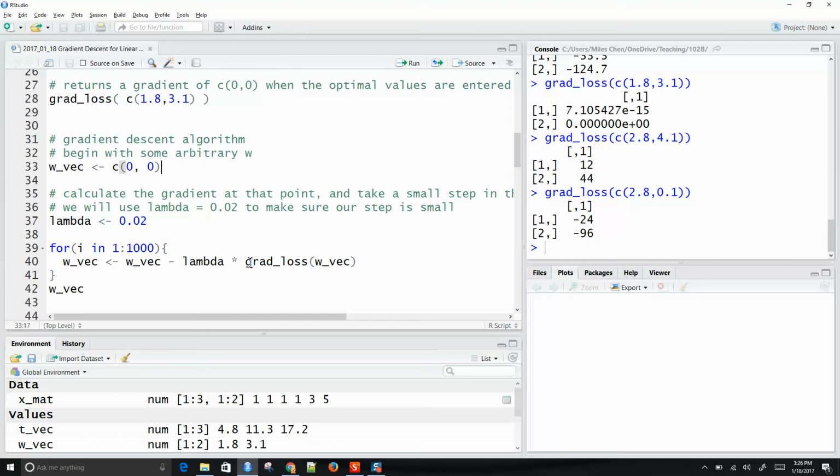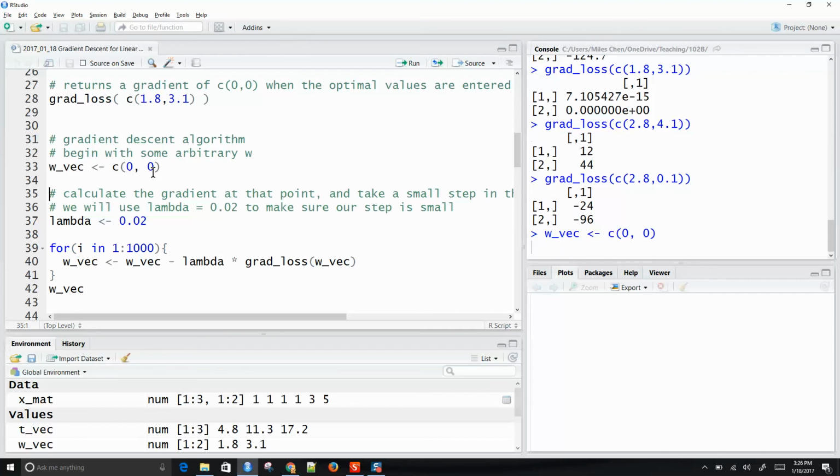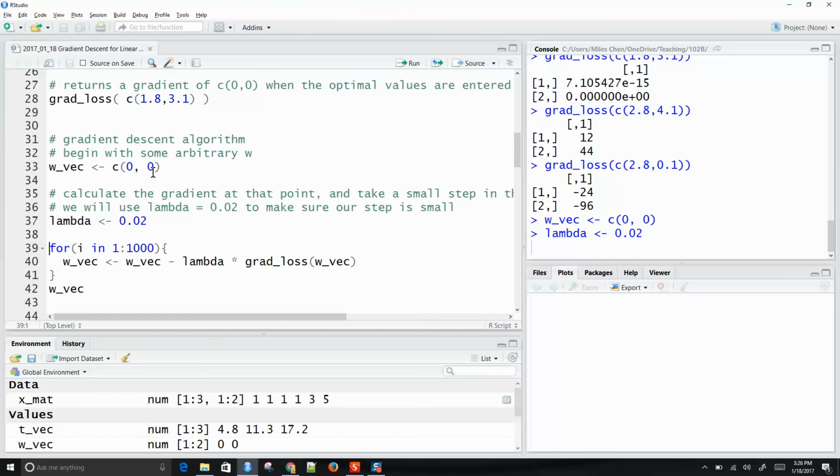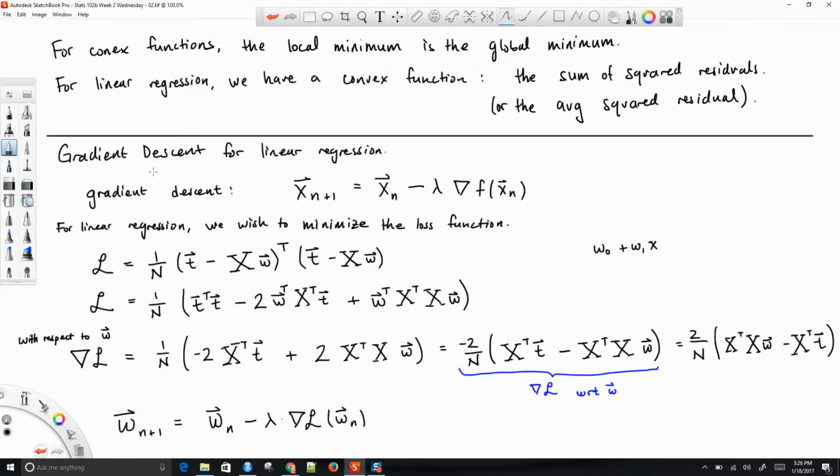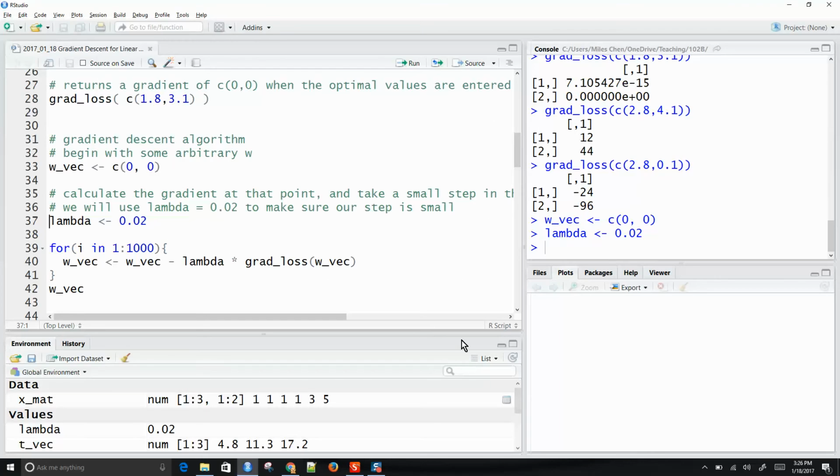All right, so here I'm going to start with some arbitrary point, w vector 0, and I'm going to use lambda equal to 0.02. This is just a value for lambda to make sure our step is small. Now remember, I've included this negative 2 over n. I've taken it out of our gradient loss, so it gets thrown in here for our lambda.